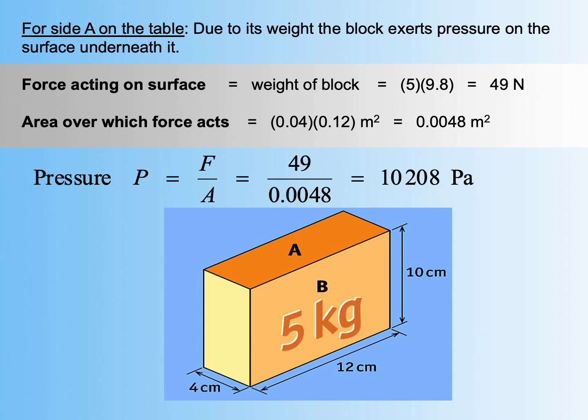We can work out the pressure of the block when it's sitting in that position as 10,208 pascals. We can do this for any side of the block. If it was turned onto side B, we'd have a different area because we'd have 10 by 12 centimeters. If it was turned onto the other side, we'd have a different area again, 4 by 10 centimeters.